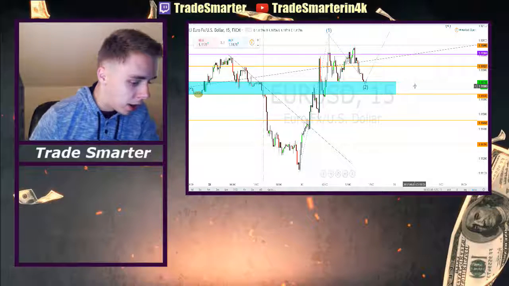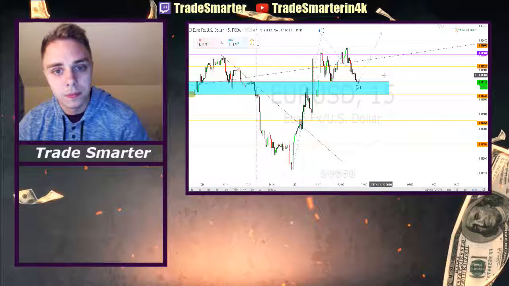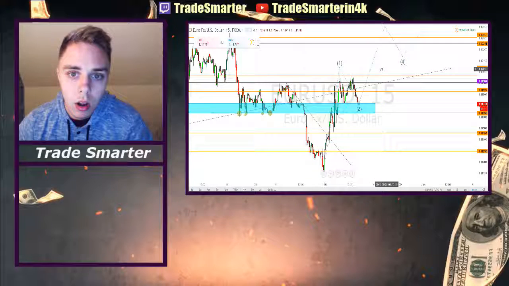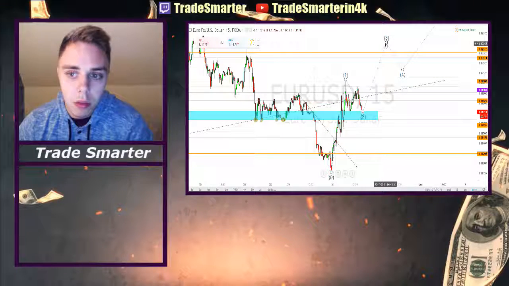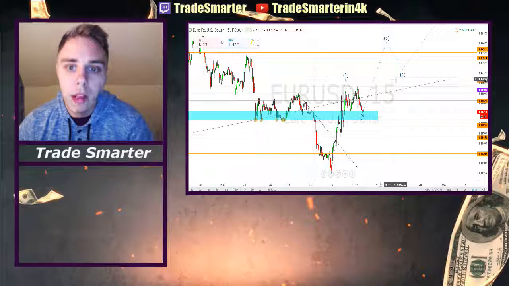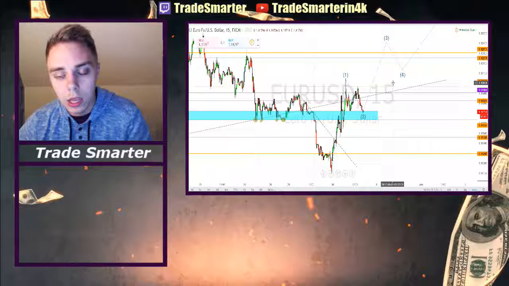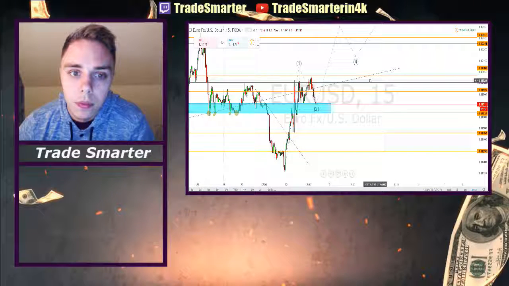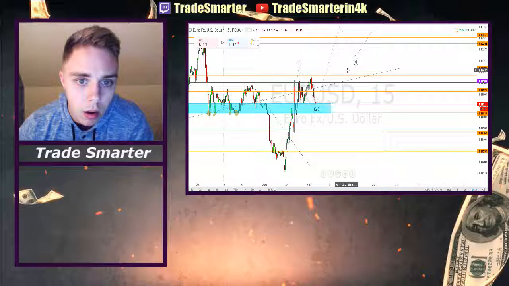I'm probably gonna buy a twin trade off of this one, and the twin trade would be selling here at the 3 and then moving my stop loss to beneath the 4 for the other one, and then getting rid of one of the trades, and then I'd put that just underneath the 1 here, like about there.